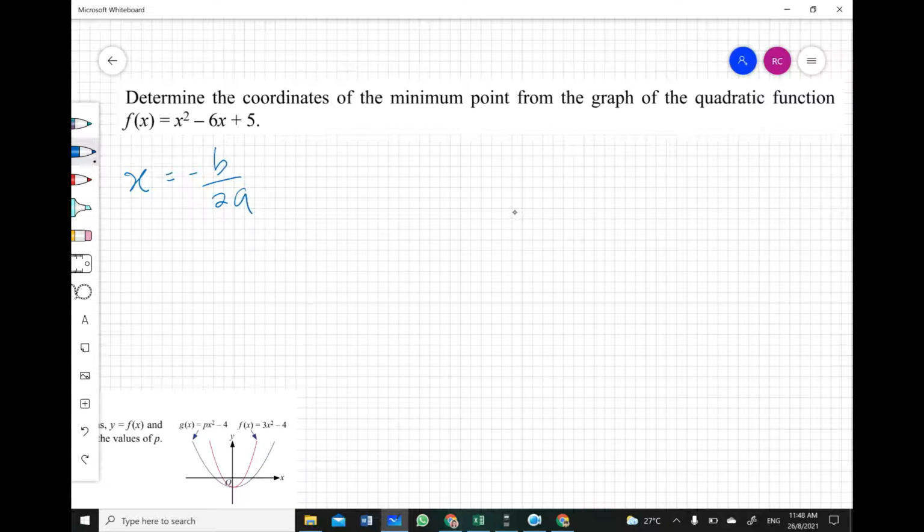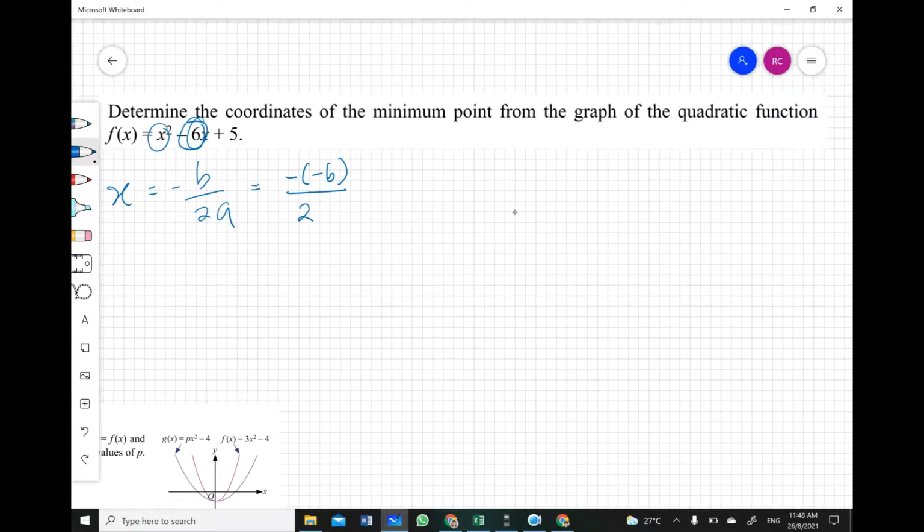Substituting the value, yes, very good. Substitute the value into the equation. Our b is negative 6, yes, correct. And then our a is how much? Yes, 2 times 1. After that, negative times negative is positive, divided by 2, we are going to get how much?